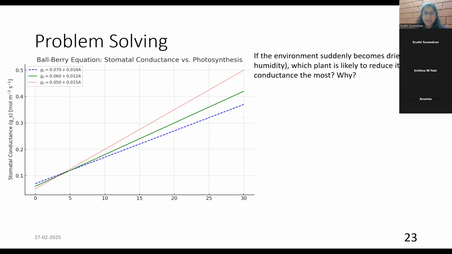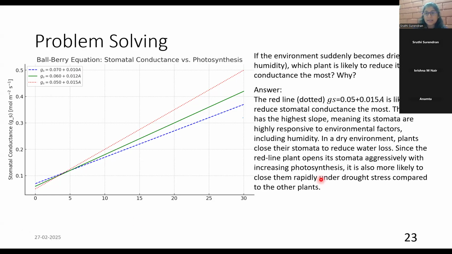Yep. So again, the red line. You have to be careful that the value over here is actually the Ball-Berry index and not just photosynthesis.